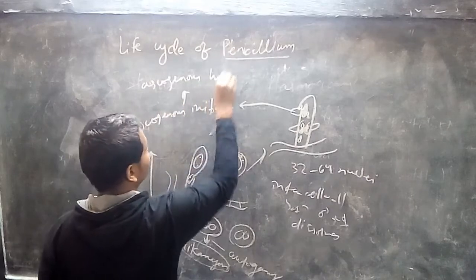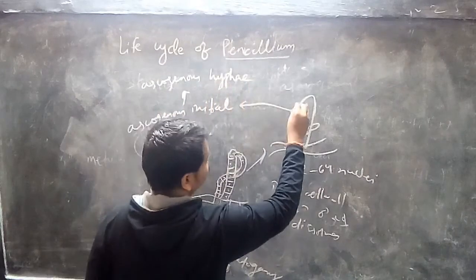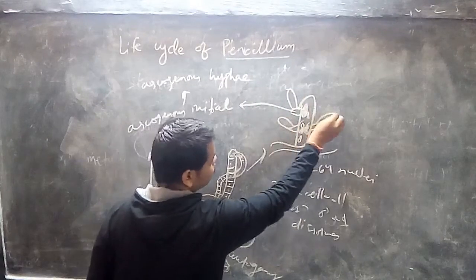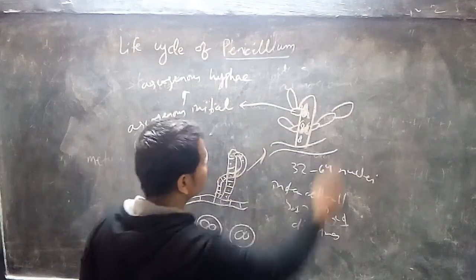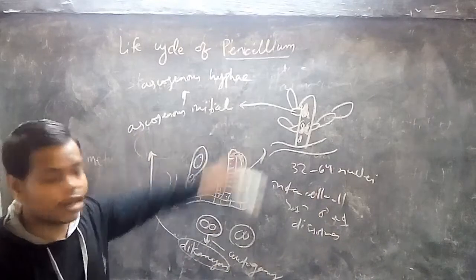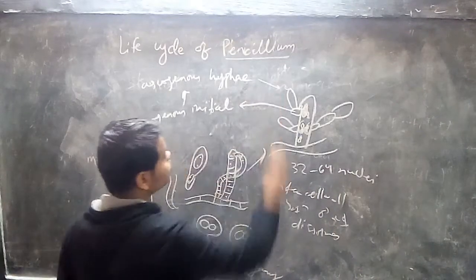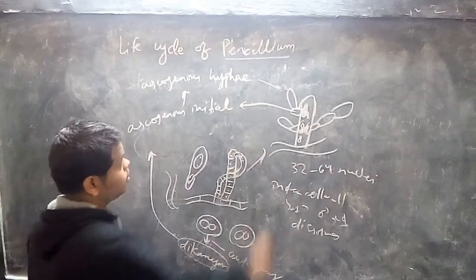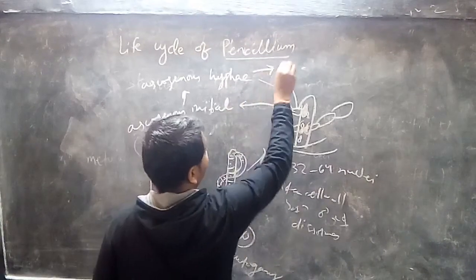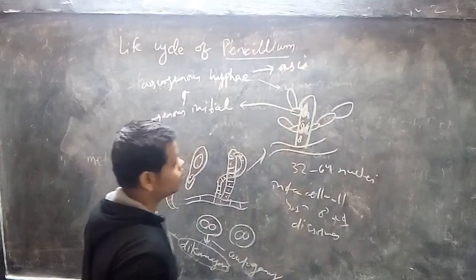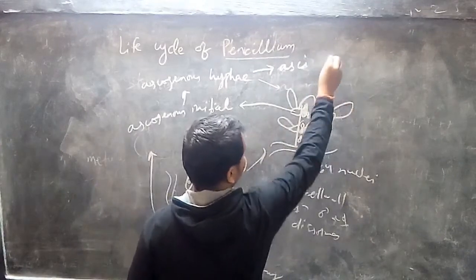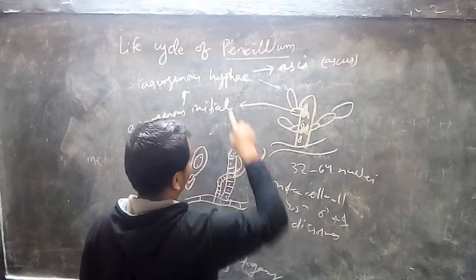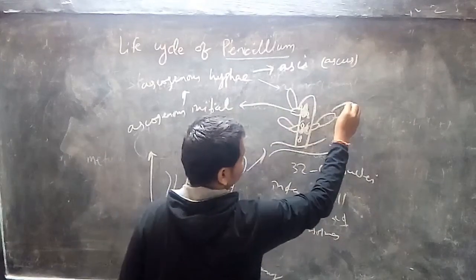Ascogenous hyphae, H-Y-P-H-A-E. Growth and development occur in the ascogenous initial cell and they form ascogenous hyphae. These ascogenous hyphae then form asci, A-S-C-I, asci, or singular, ascus. It is very important, always asked in questions. Ascogenous hyphae form asci.